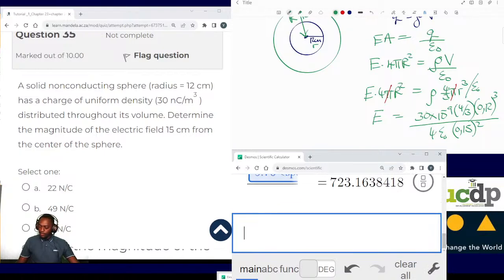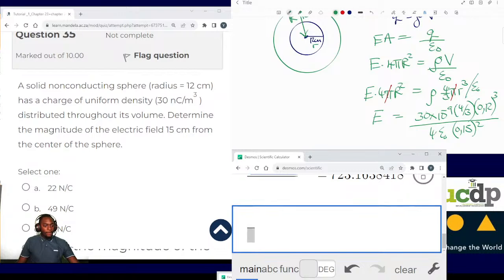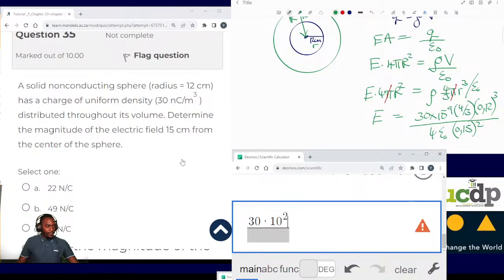Let me punch this again. 30, charge is negative 9, times.